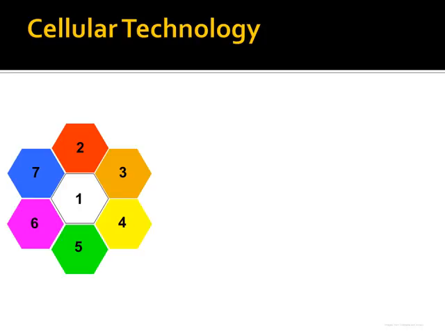What these numbers represent are unique frequency ranges. Call them channels, call them spectrum, whatever you want. They're unique. So 1 is a different set of channels, if you will, than 2, than 3. What we do in cellular is build a network where you never have the same channels used adjacent to each other.